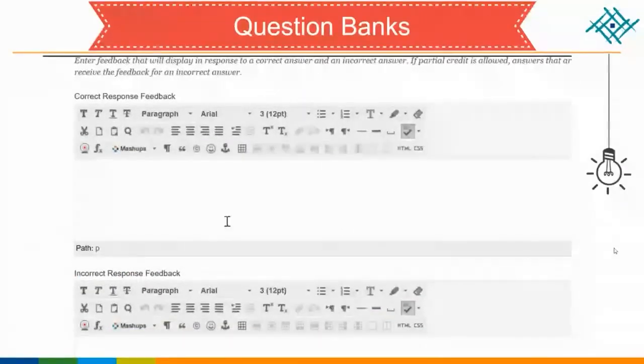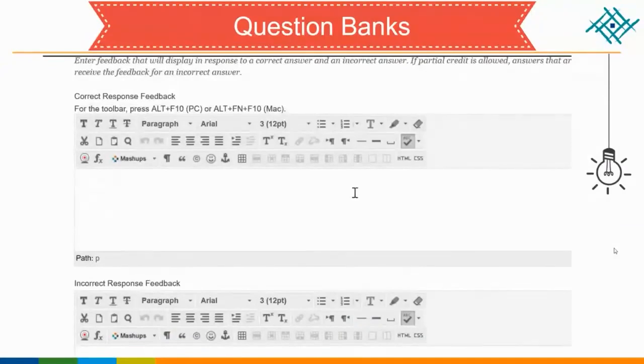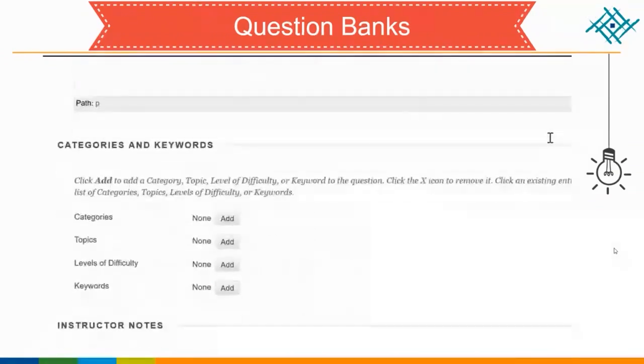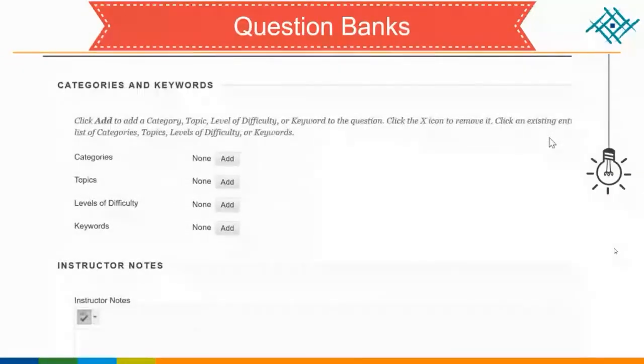At the bottom here, we have a space for correct response feedback or incorrect response feedback. Both are optional. And then at the bottom, the metadata for the question. Do I want to add category, topic, level of difficulty, keywords?